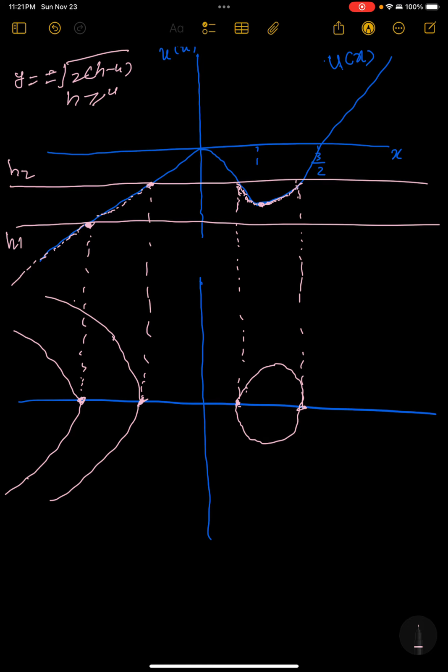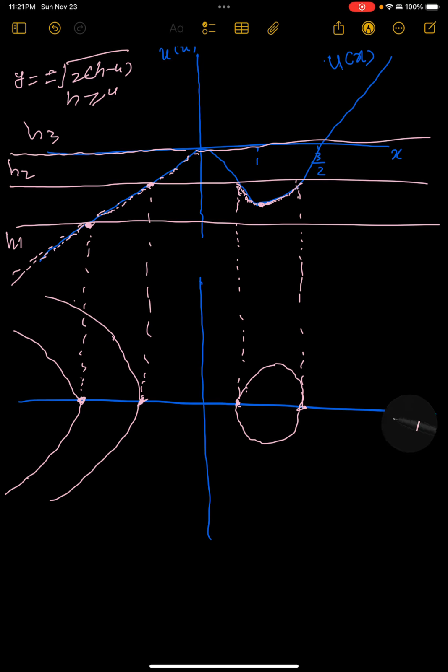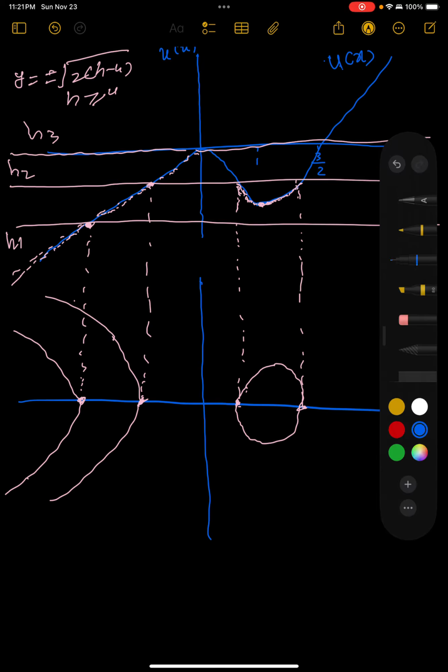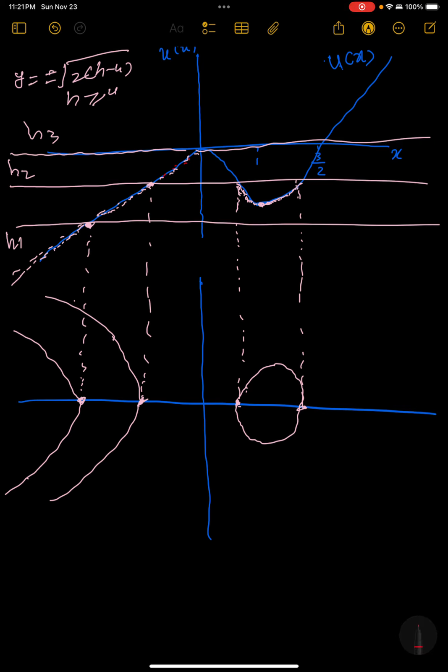Okay, now suppose this is my h3 curve that is passing through the horizontal x-axis, so definitely this whole part is less than h. Okay, this whole part. So as my h is increasing, my value of y is increasing, so it will be increasing this way, but it has two copies, so this way, and definitely this is projected to the origin, the 0.